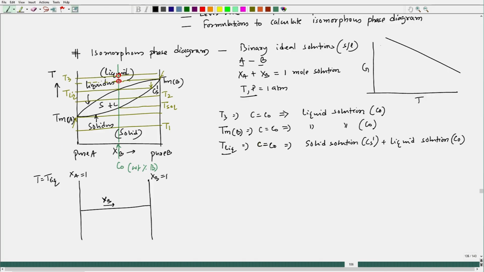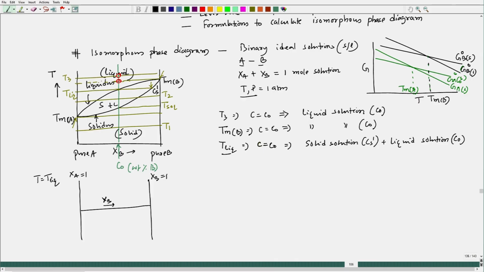So, one was for liquid, another one is for, so let me do it with blue, for A, this is GA naught liquid, this is GA naught for solid, this is GB naught for liquid, and this one G naught B for solid, and that point TMA, and this point is TMB.